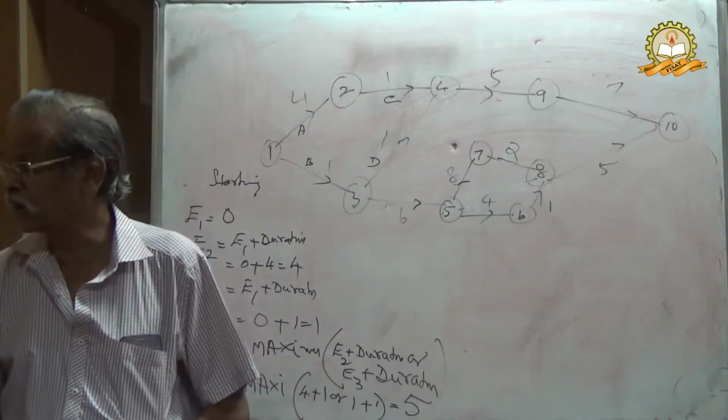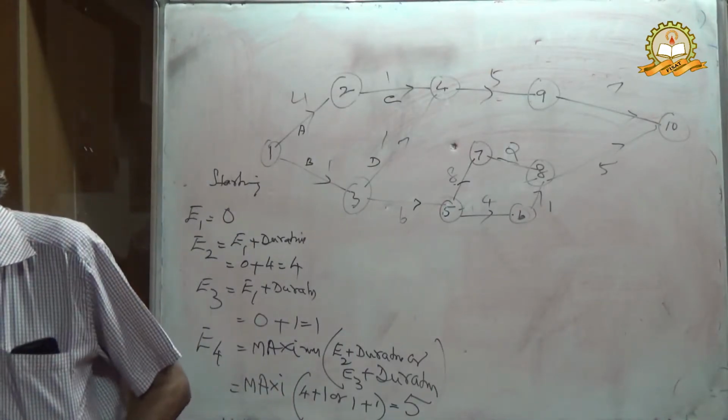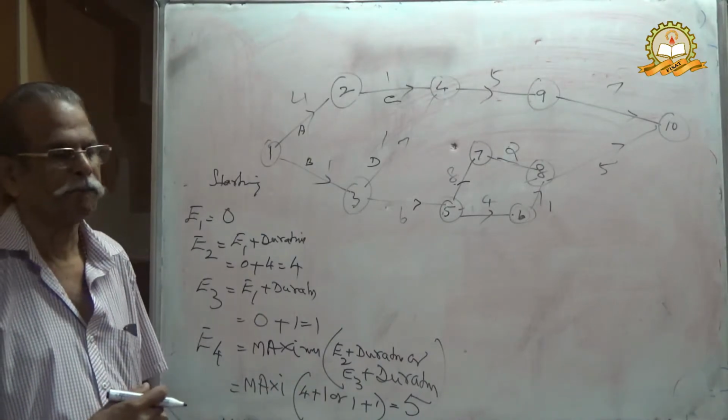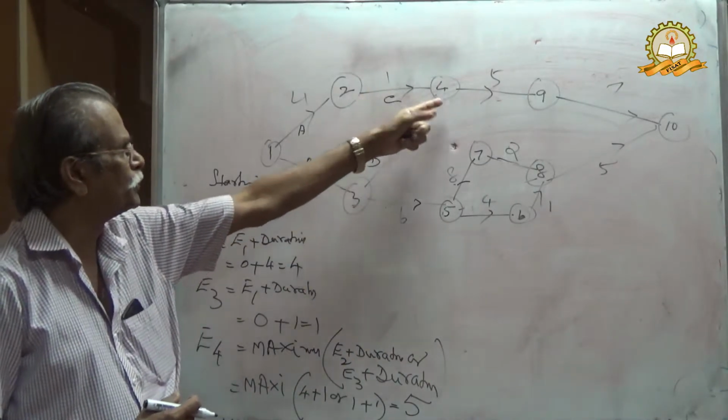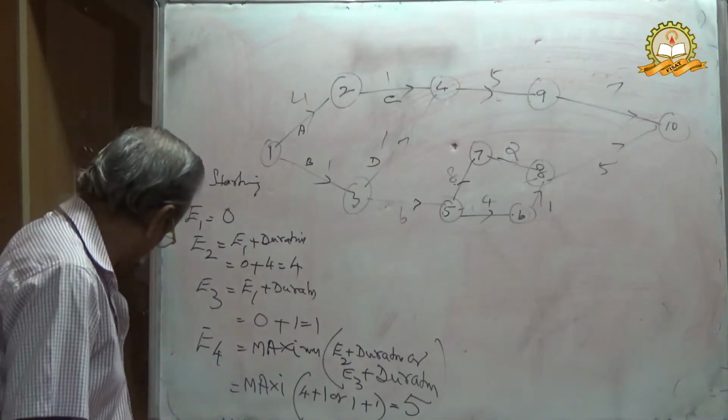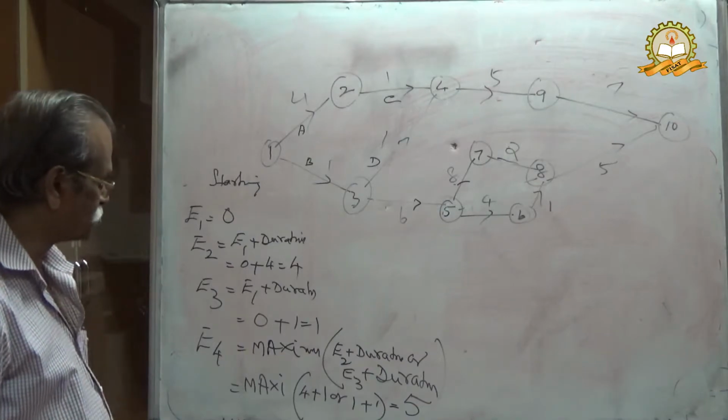Therefore, E4 equals 5. It is a concurring point, 2 to 4 or 3 to 4, so E4 is required.